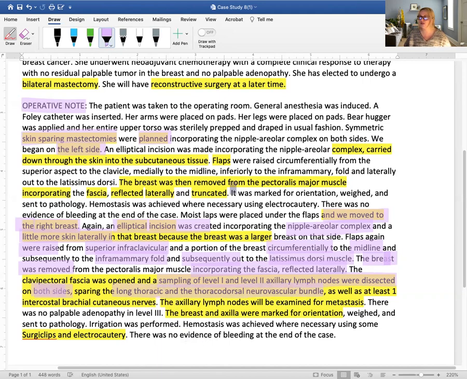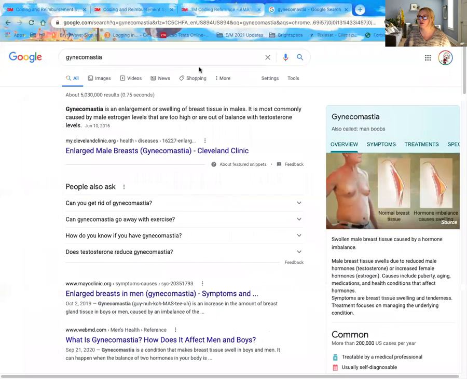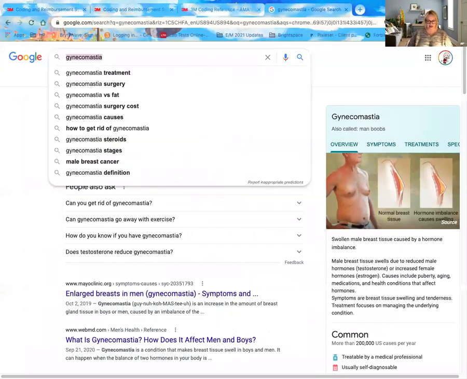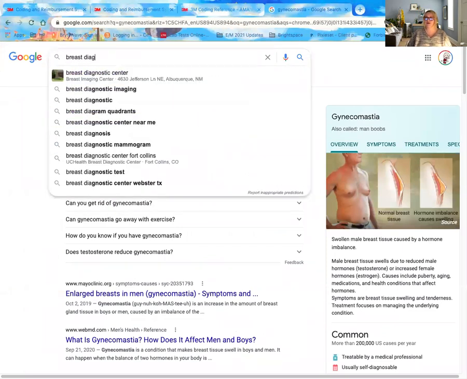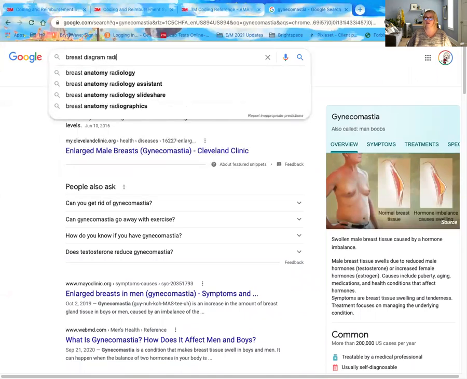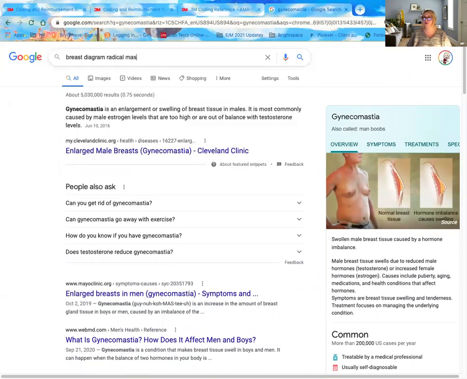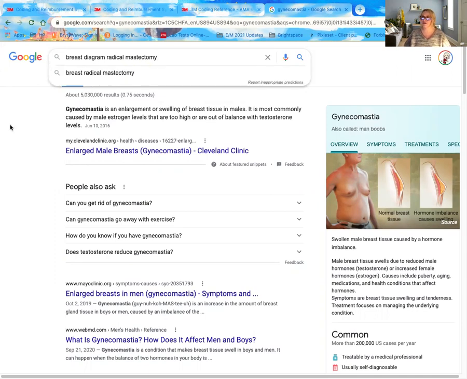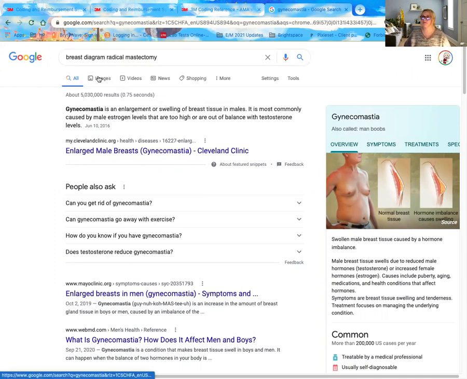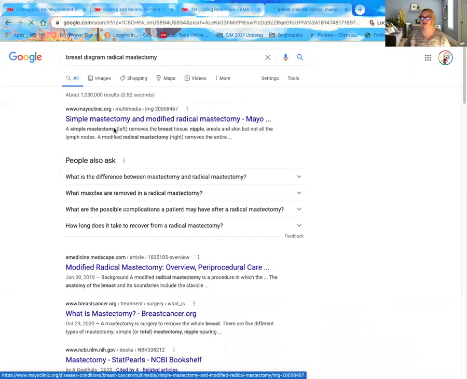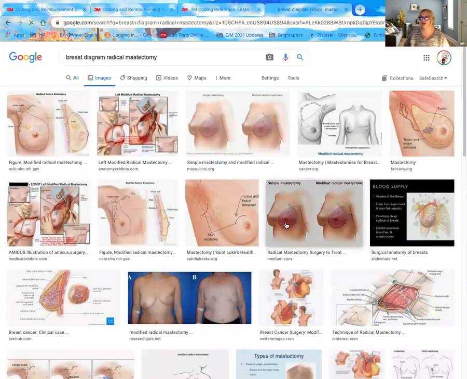So what they're saying, if you've ever looked at any of your breast diagrams before, maybe for radical mastectomy, I can look this up under my images on Google.